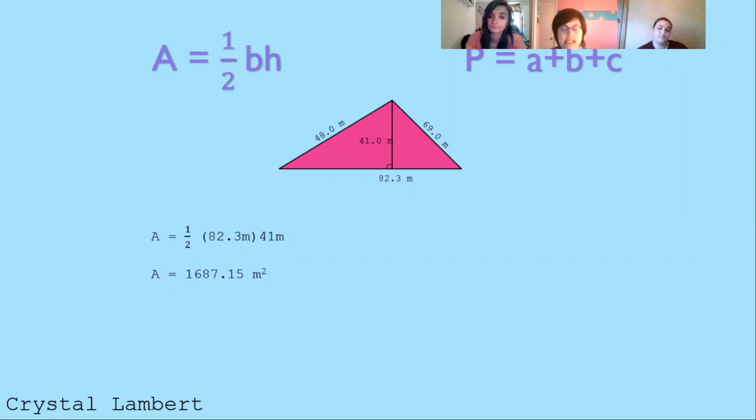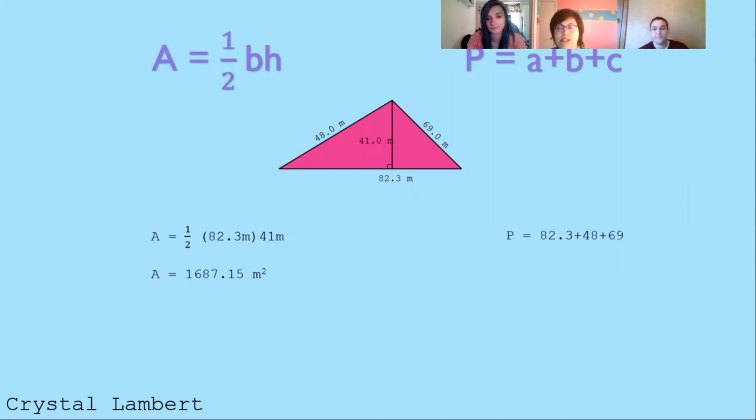Now next, we're going to find our perimeter. So we're going to add the 3 sides. When you think perimeter, think of the outside edges of something or the length. Think security guards walk the perimeter. It's the outside where you would put a fence. So here we look at our fence line of our triangle, and we have P equals 82.3 plus 48 plus 69.